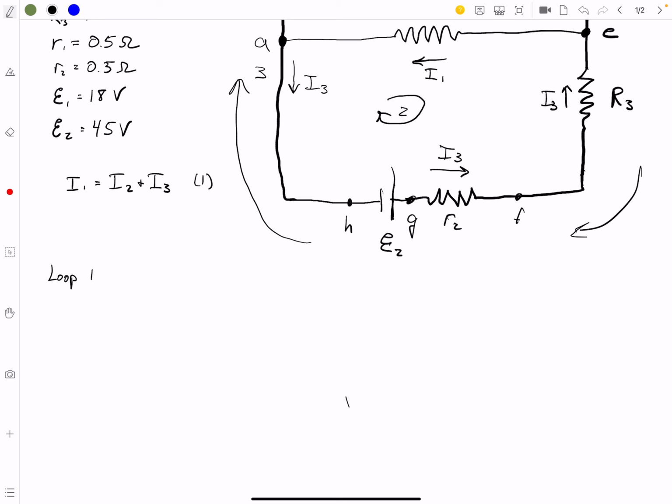And we kind of already wrote down what loop 1 was. I'm going to do it again. So we have a voltage drop across I2, R2. We have a voltage increase because EMF 1 is increasing.